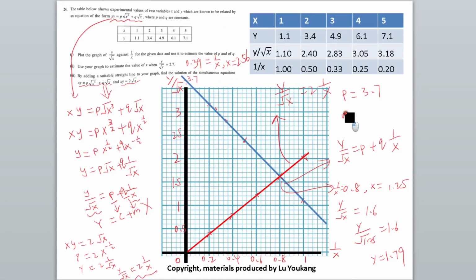So let me write it down. My value of P is 3.7, which is my y-intercept. And my Q is my gradient. To find the gradient, first you need to obtain 2 sets of coordinates.